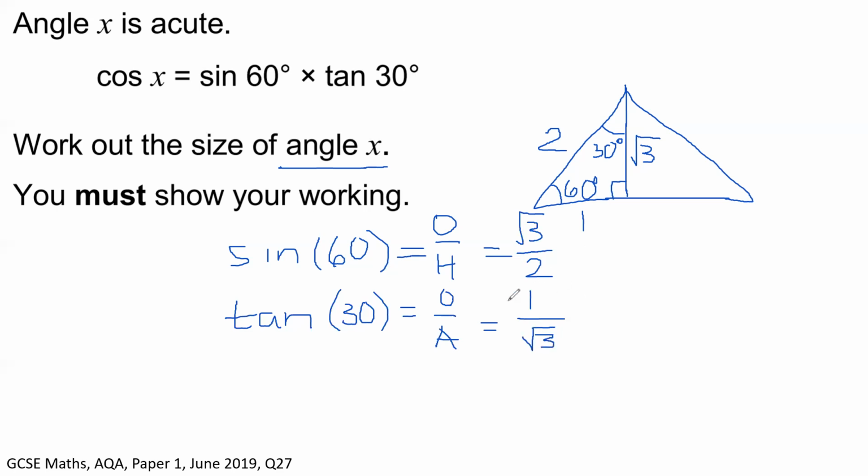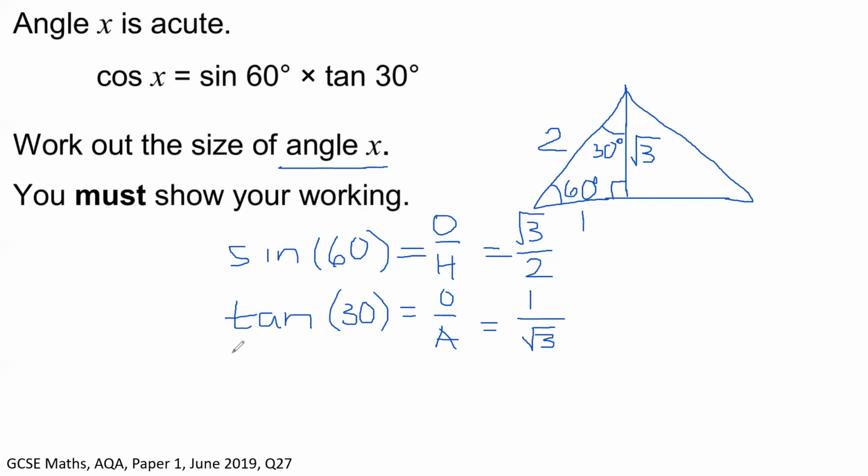Now, obviously, normally you don't like to have a surd on the bottom of a fraction. However, just for the purposes of this question, we'll leave it like that for now. If you remember the exact trig values, you'll end up with root 3 over 3. And that's fine. You can use this question with either. I just personally find it a little bit easier to do it this way.